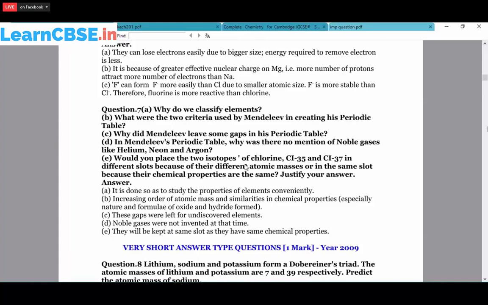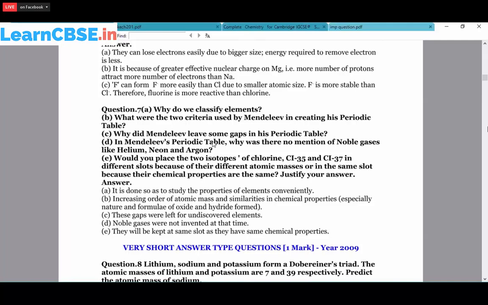Would you place the two isotopes of chlorine, Cl-35 and Cl-37, in different slots because of their different atomic masses, or in the same slot because their chemical properties are the same? Justify your answer. We know that Mendeleev used two things: chemical properties and atomic mass.